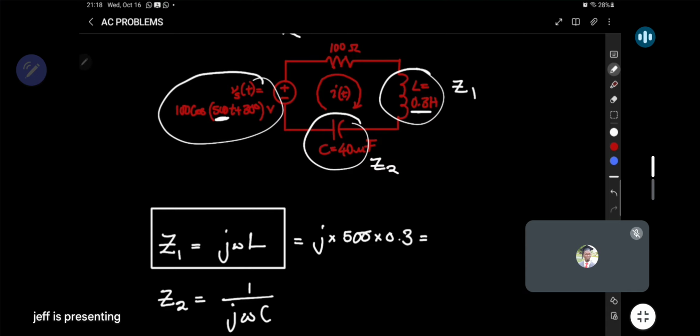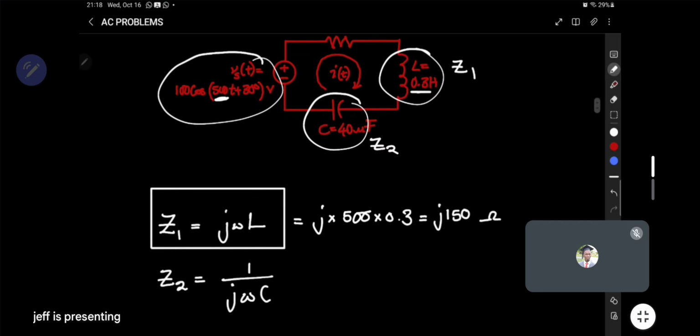We know 3 and 5 is going to be 15, but then the two zeros will multiply this here, and in the end, we're going to end up with 150. So that becomes the impedance there. Impedance, you can actually look at it as some form of resistance, but just for complex components. So it will still have the ohm there.